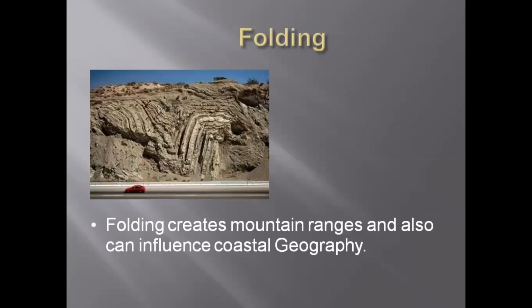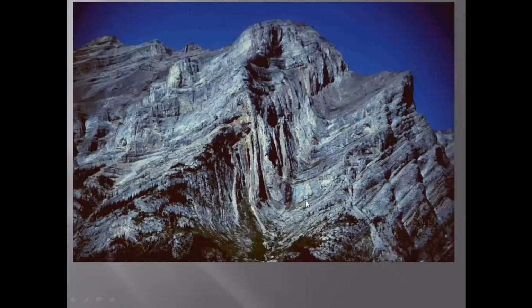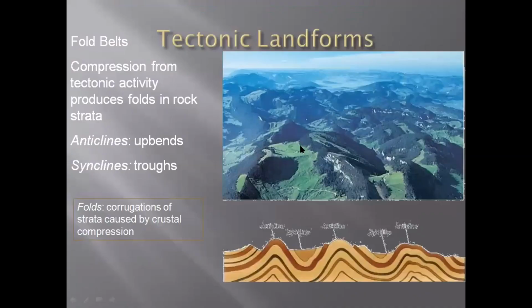Then we have folding. Folding also creates mountain ranges and can influence the coastal geography. You can see here folds that are present, and then we have the tectonic landforms. You can see that we have fold belts as a result of the collision between two tectonic plates, and then we have the formation of anticlines and synclines, like mountains and valleys.